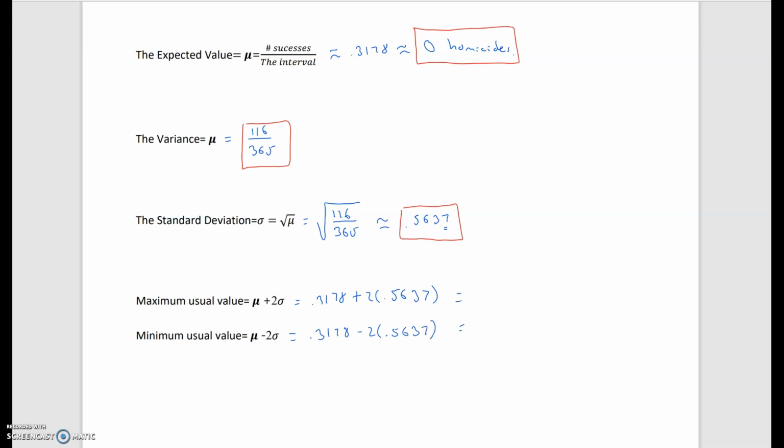Let me evaluate this. On the lower bound, we're looking at negative 0.8096. On the upper bound, I'm getting 1.4452.